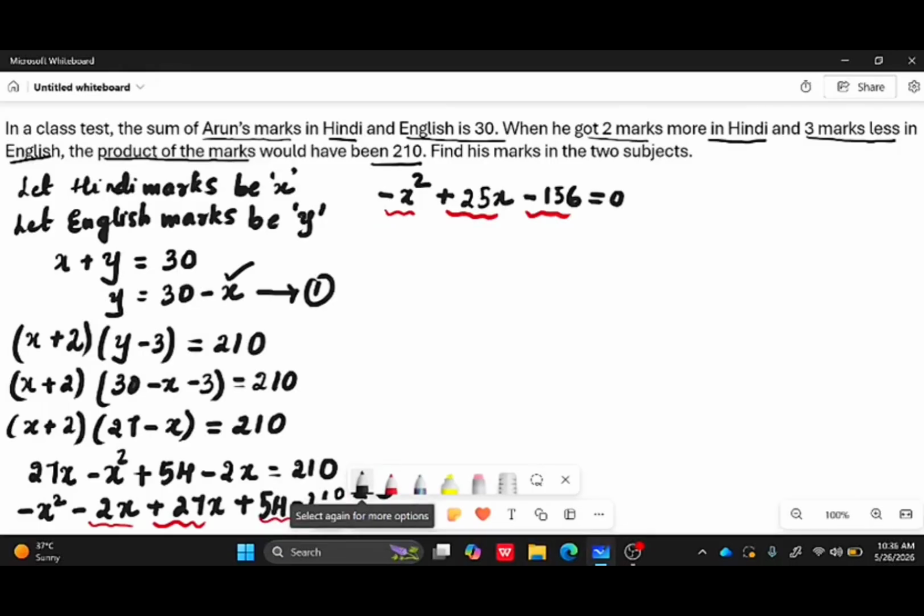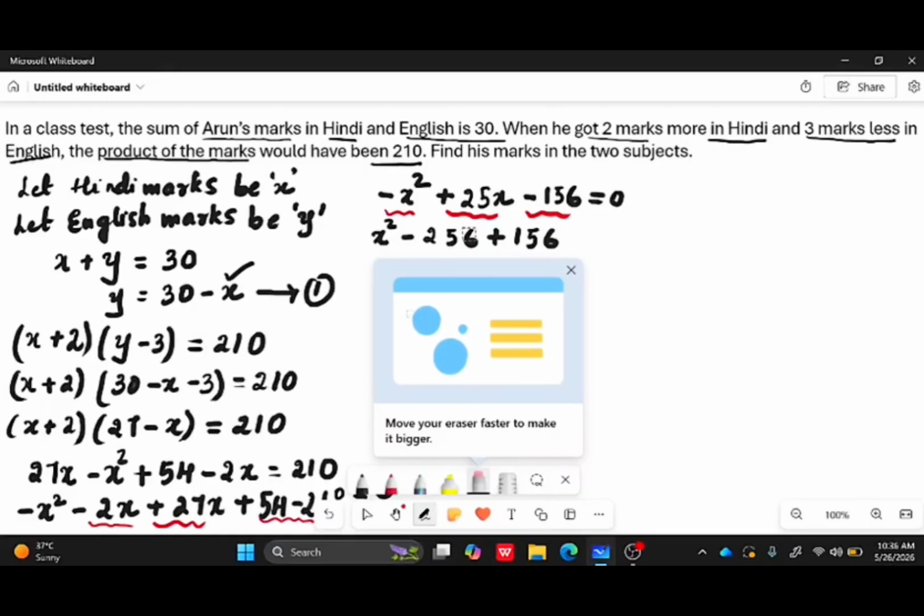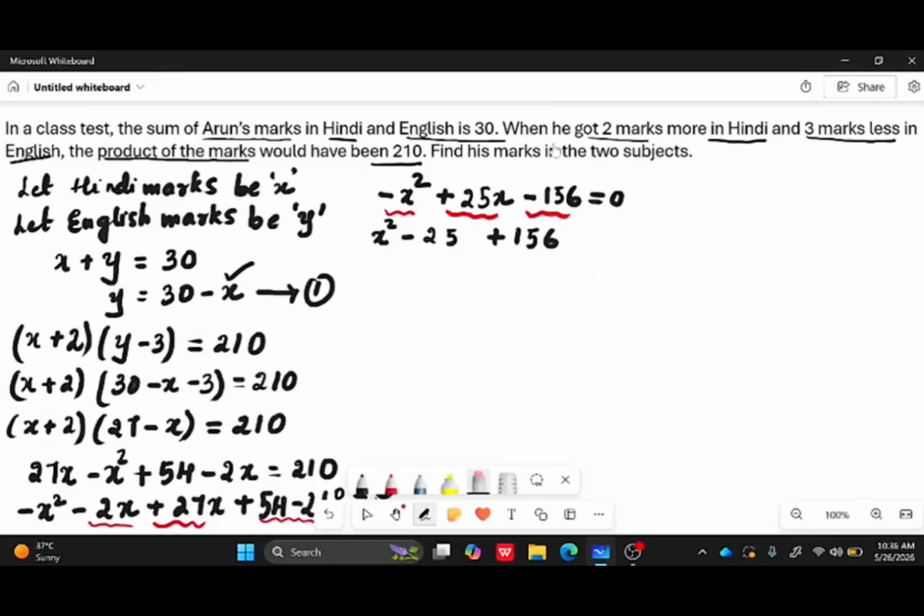So we'll bring it to the very standard form, and there will be a change of sign here. So it will become x square minus 25x plus 156 equals 0.